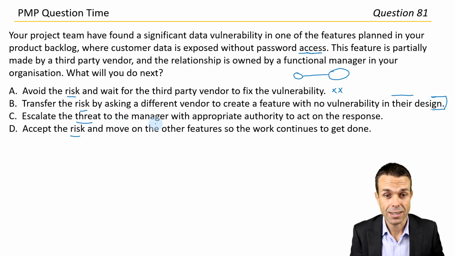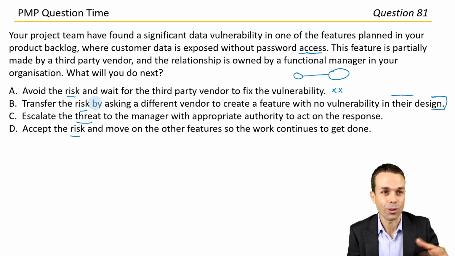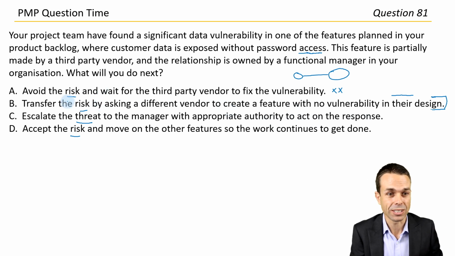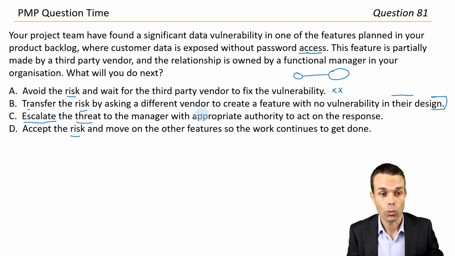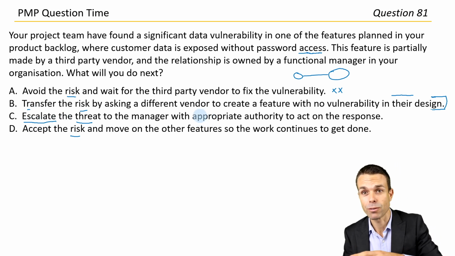Escalate the risk to the manager with the appropriate authority to act on the response. So it looks like we're talking about the different ways that we can respond to risks. Do we avoid it or transfer it? Do we escalate it? I think in this case, because it's quite a severe risk, we can escalate it. Plus, we don't have any authority. It's owned by someone else. It's a separate vendor.